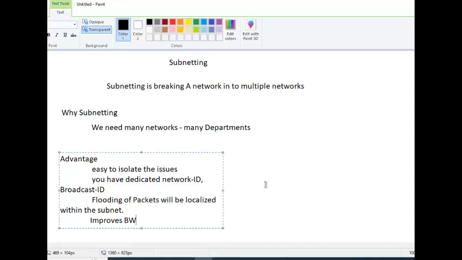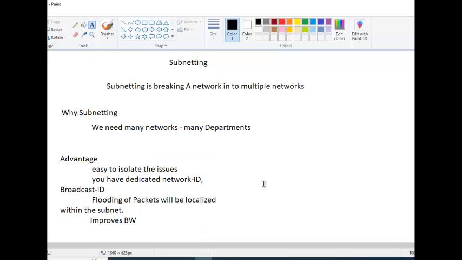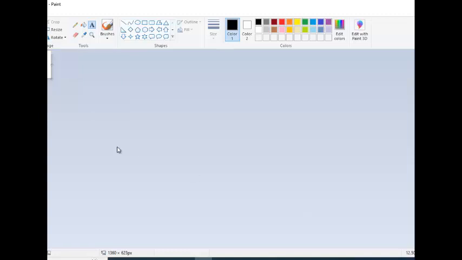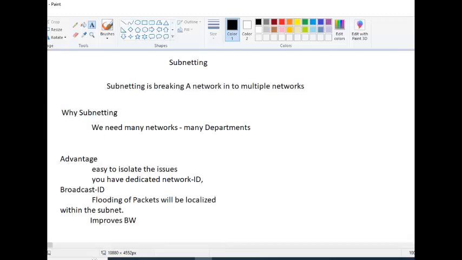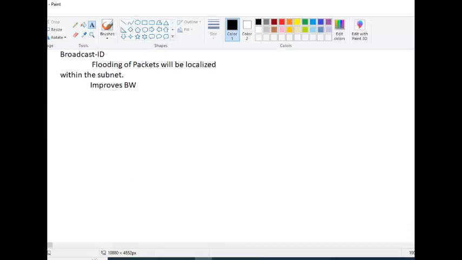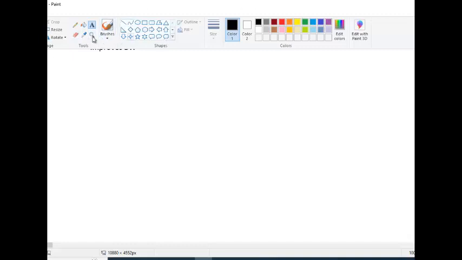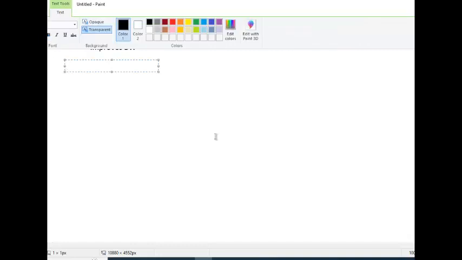You see, likewise, we have a few more advantages. We'll talk about that as we go further. Now, when we take enterprises, sometimes it may be a small enterprise. You may need just 5 departments. Some companies are large.